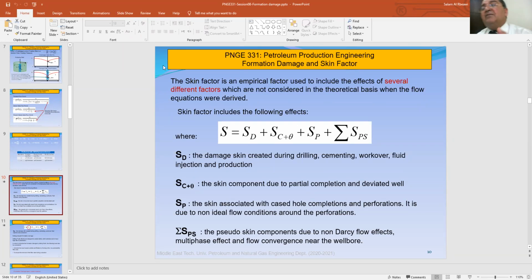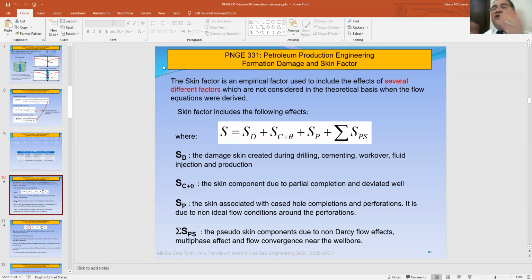Now, what are the components of the skin factor? Do we have only a single type of skin factor? Do we have only a single type of formation damage? Or we may have different types of formation damage and skin factors. In reality, we do have different types of skin factors.